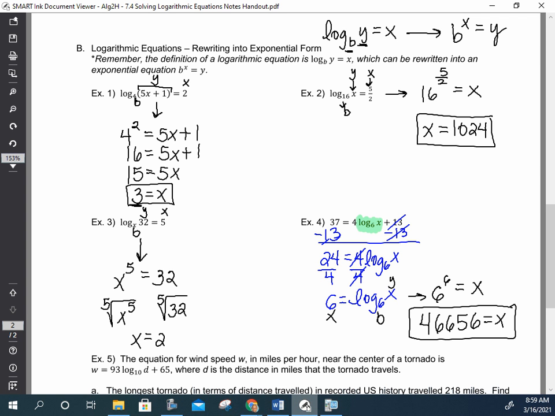Okay, so the way I thought about it is this. I think the basic 6 equals, that's what I got. But then you put 6 to the power of something. So remember what the general formula is. The general form is log base b.